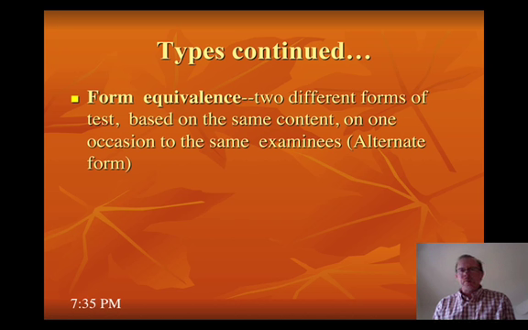Now, this is an imprecise approach to reliability as well, because even though we take our best guess at finding equivalent forms or equivalent items, what we find is that at the individual child level, the exact item that a child gets is highly significant in predicting whether or not they'll get that item right. For example, if we use an item in an early reading test that is from a book or a character that a child may have had previous exposure to, they may be more likely to get that item correct than if they had never read that story.